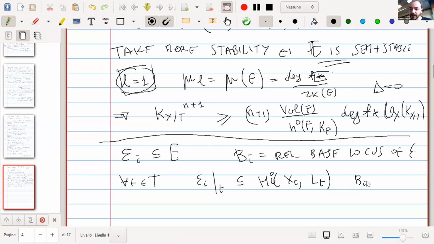So you take B_i at t to be the base locus of E_i at t.